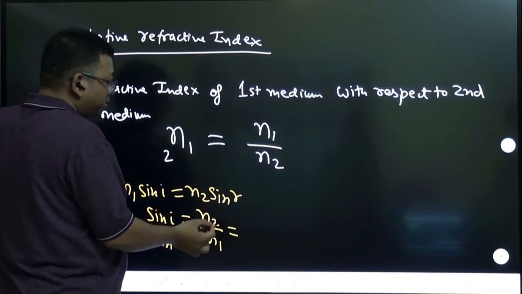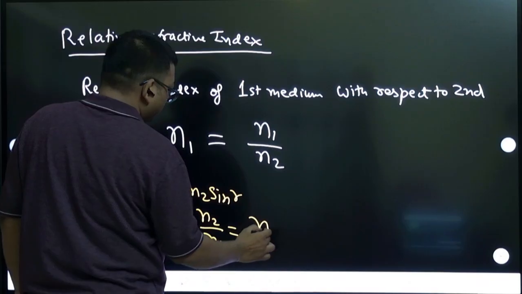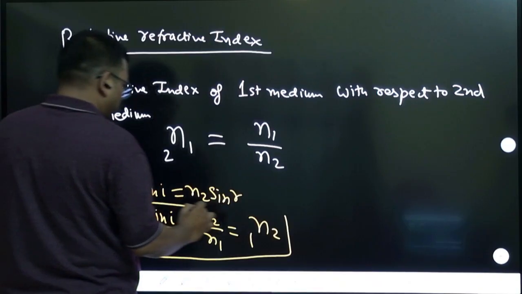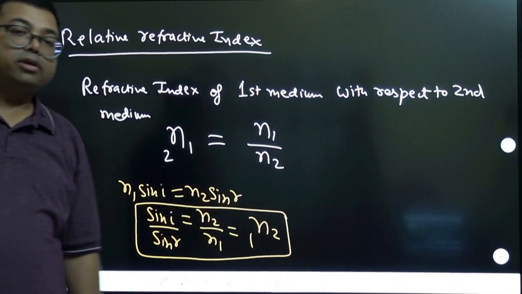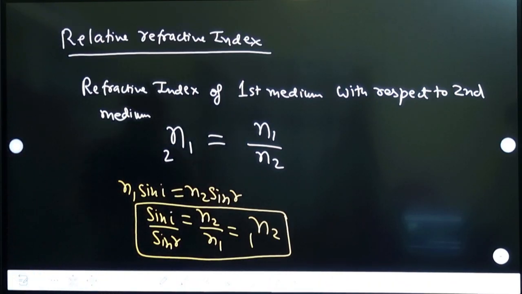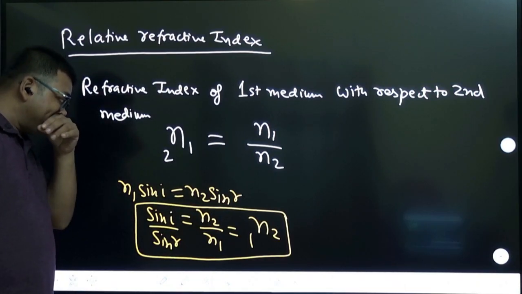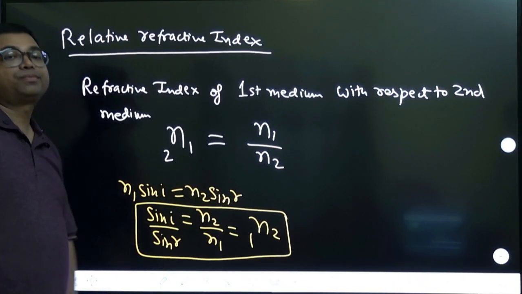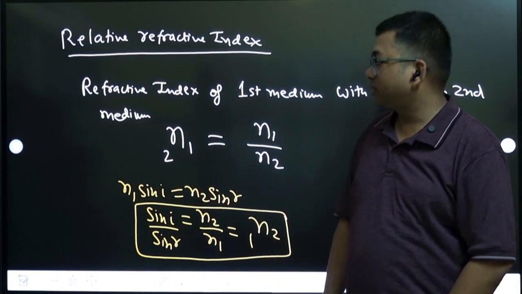This can be written as the refractive index of second with respect to first. So sin i by sin r ratio gives the relative refractive index of second with respect to first. Nothing is new in this, just theory.